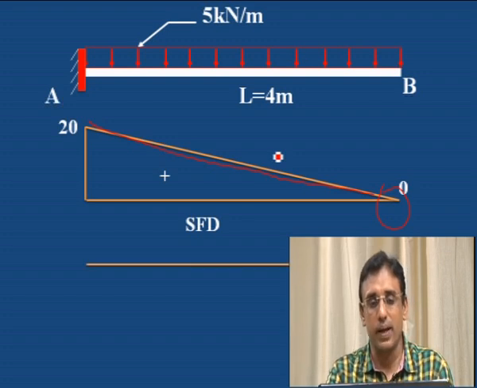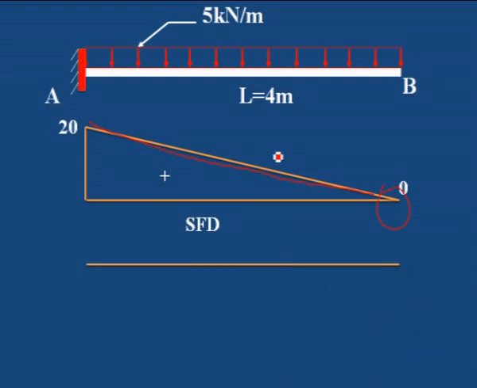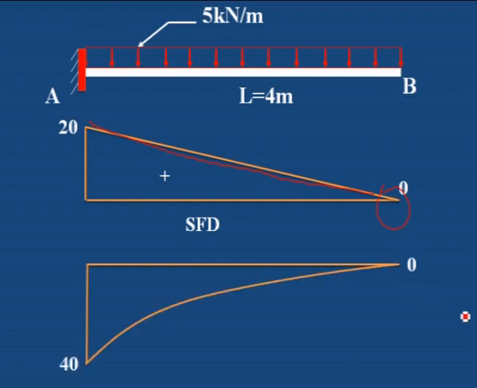Next, the bending moment diagram. First draw the horizontal line and mark the maximum bending moment at the support, the fixed end, and at the free end it is 0. Then you have to join by a curved line, a parabolic line. This is not a straight line, it is a parabolic line. Wherever the uniformly distributed load is given, we have to draw the parabolic line in the bending moment diagram.